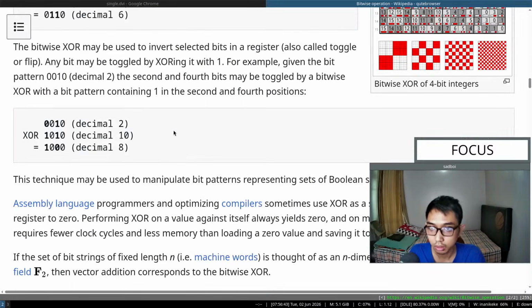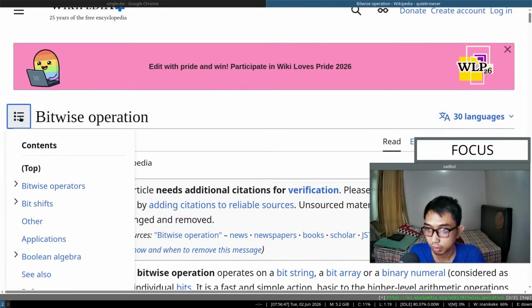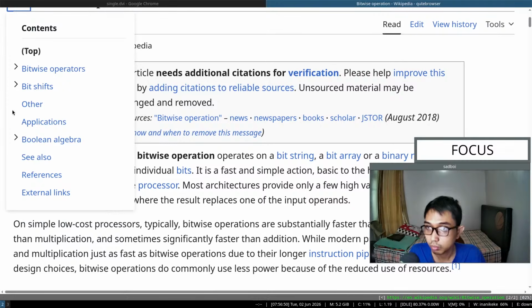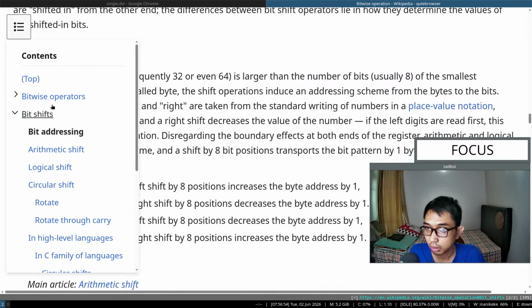Is there any table of contents here? Bit shift, bit addressing. Okay.